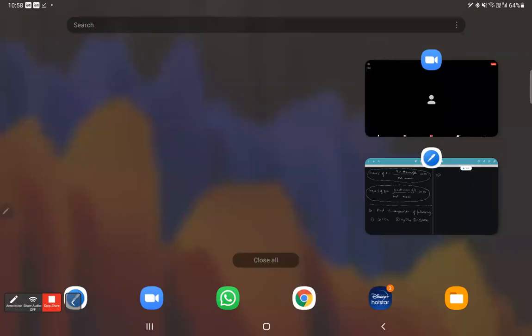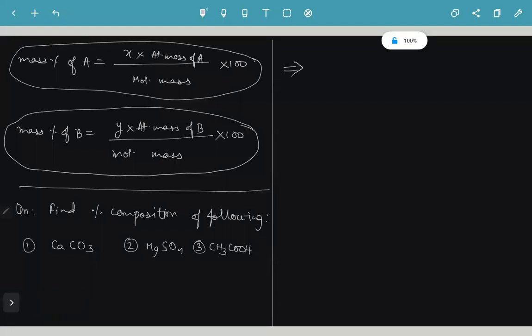Done? So the first one is CaCO3. Molecular mass will calculate: 40 plus 12 plus 3 into 16, this comes to 100. Percentage of calcium is 40 by 100 into 100, 40%.